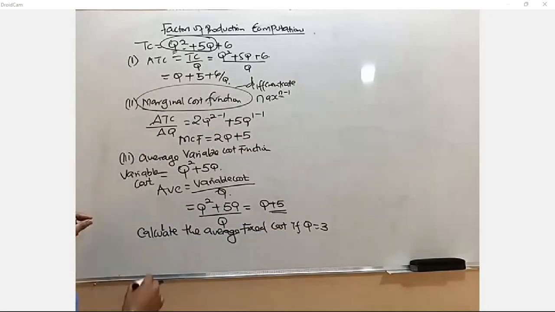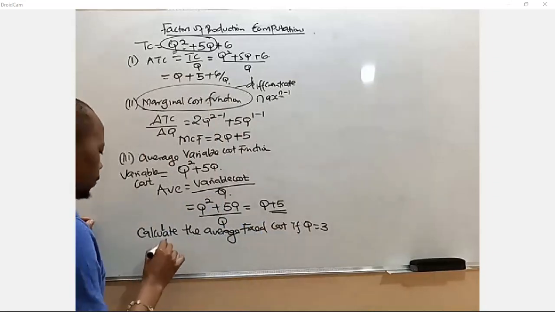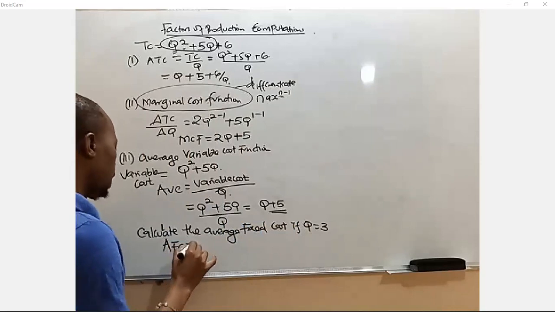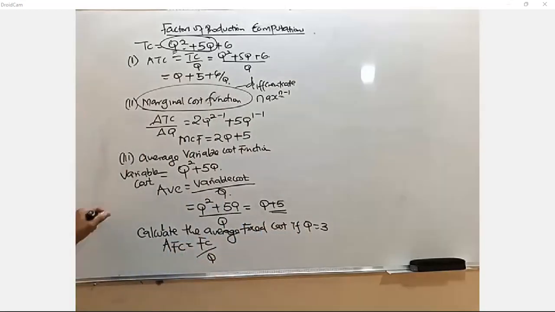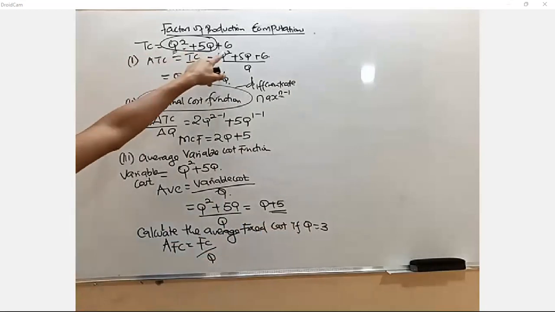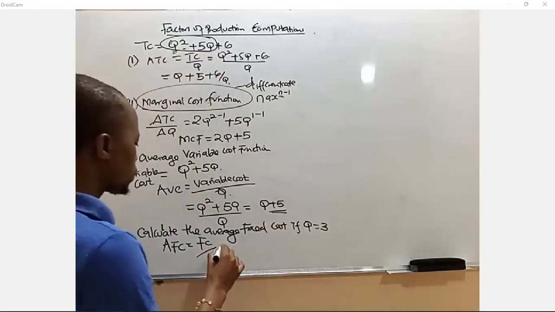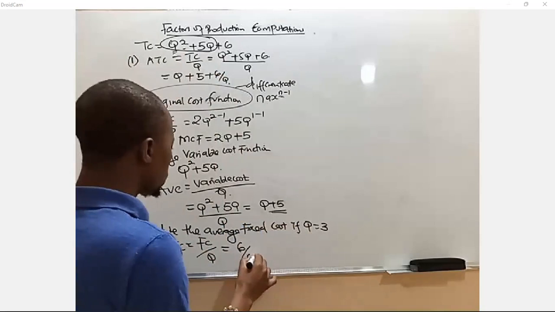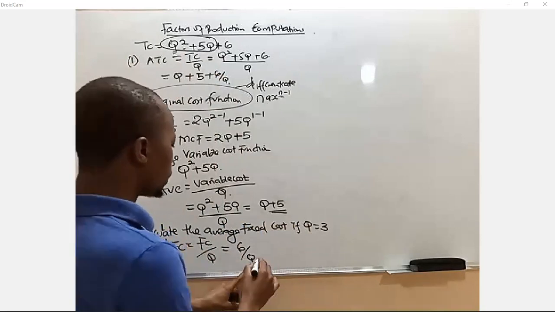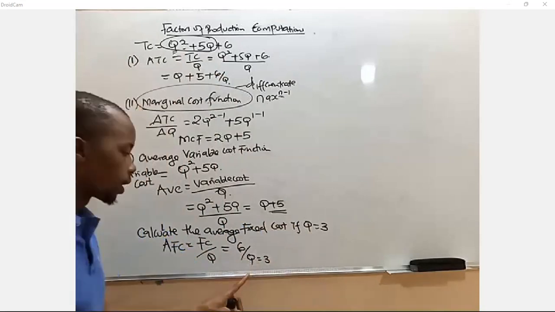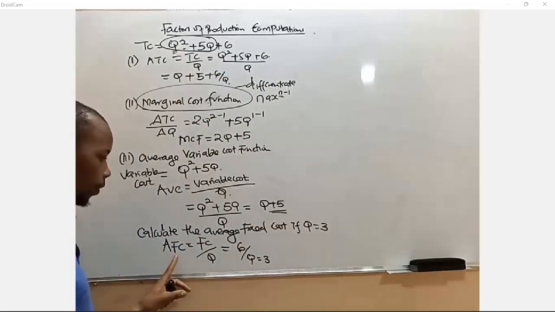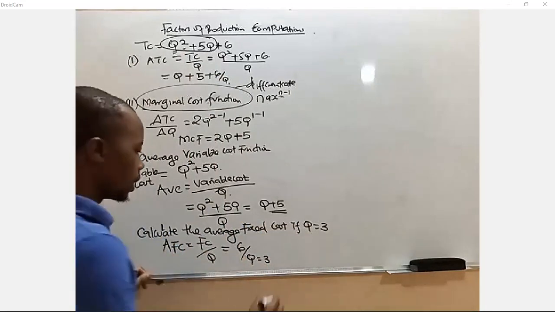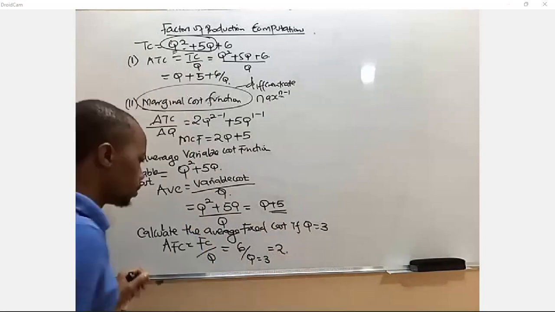You remember very well, because we want to calculate the average fixed cost, we have to take the fixed cost divided by Q. Our fixed cost is equal to 6, so 6 divided by Q. Our Q is equal to 3, so the average fixed cost is 6 divided by 3. We are getting 2.